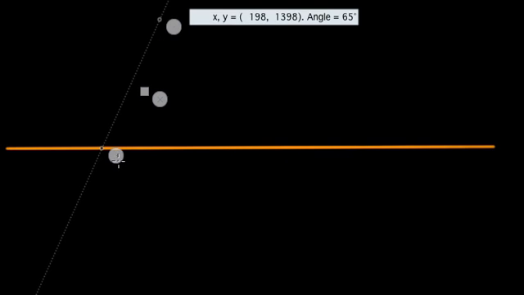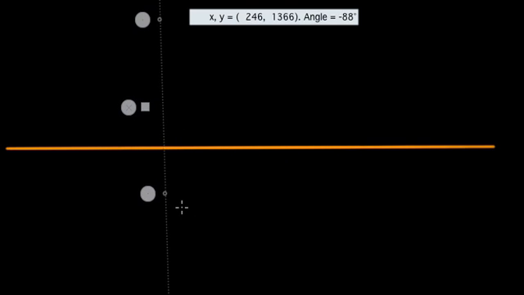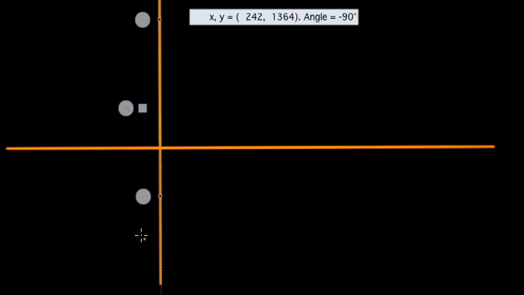is, let me draw my axes here. I'm going to pick two points. Let's go -5, 2.